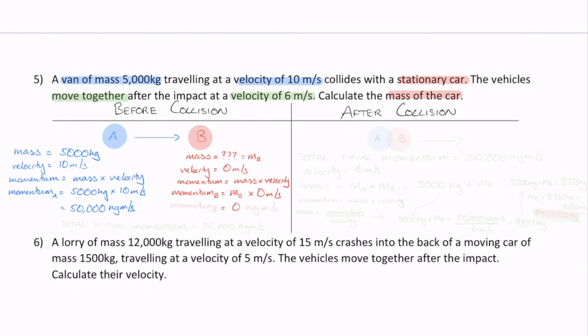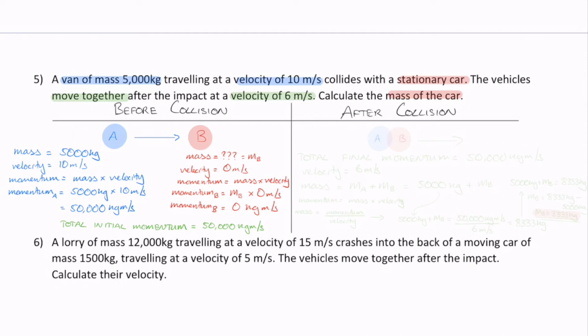And anything times 0 is 0. So the momentum of B is 0 kilogram meters per second. As a result, the total initial momentum of A and B is equal to the momentum of A plus the momentum of B, which is 50,000 kilogram meters per second.